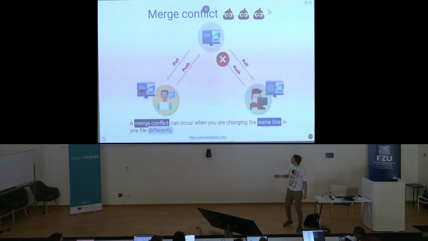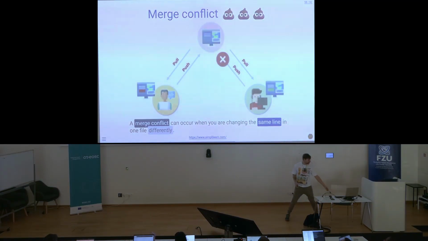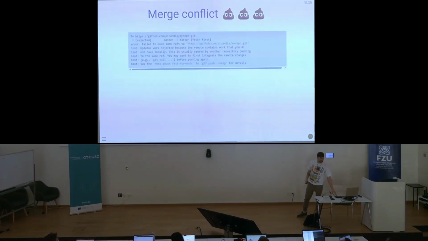This yellow person makes a change and pushes in between, while another person changes the file differently but didn't pull the changes. He doesn't have the most recent version, and he tries to push as well. Then Git will be confused because there are two realities, and it will not know which is the correct one. So he will get a merge conflict.